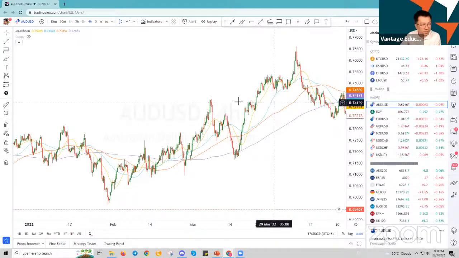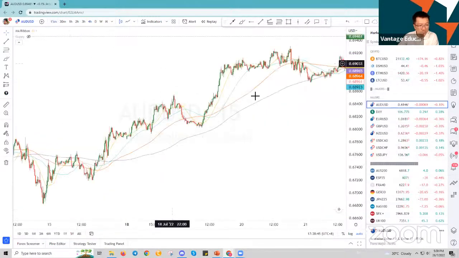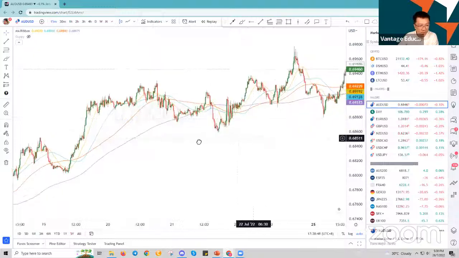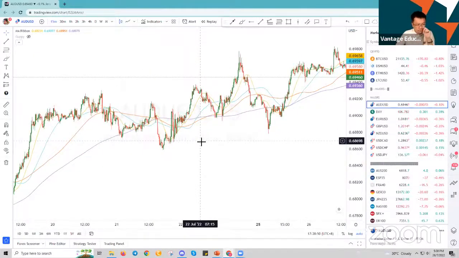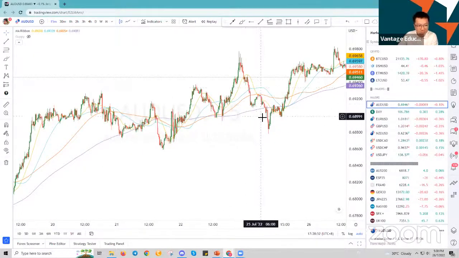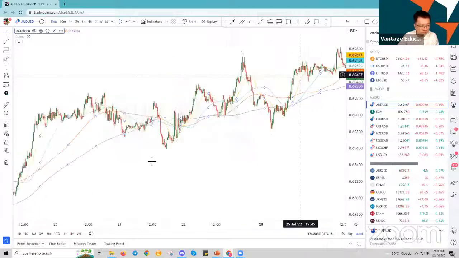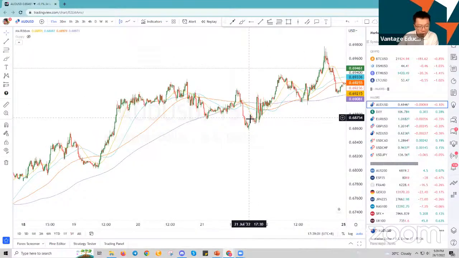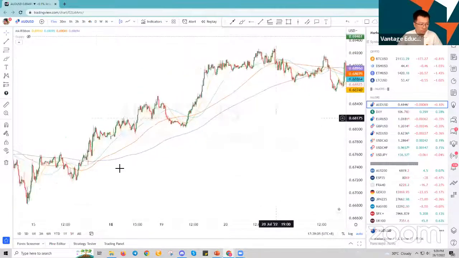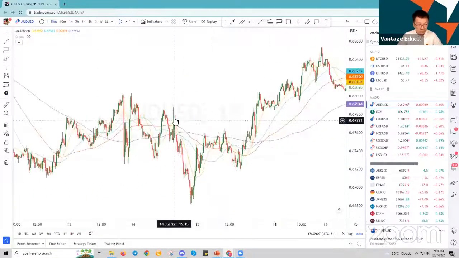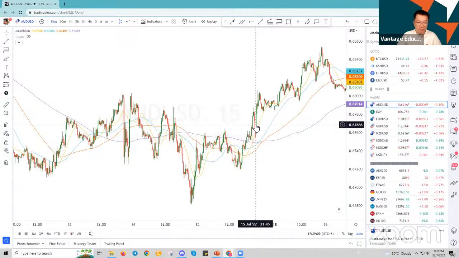Now let me show you one example. This is on the H4 time frame. If we looked at the price on the M15, you notice that price tends to break out of that support level or break below that moving average before spiking back in again, breaking below, showing like it's likely to form a big downside before spiking back up again, breaking strongly before spiking back up again.